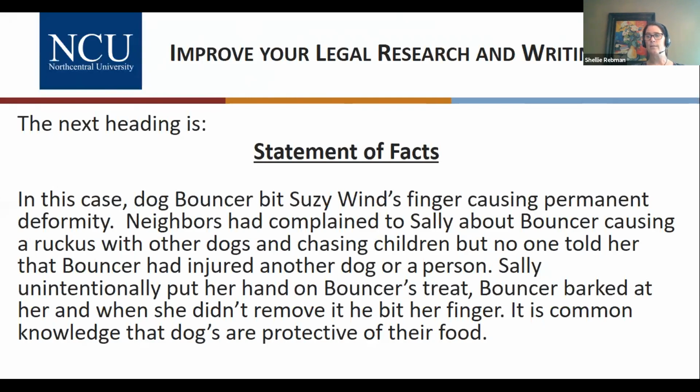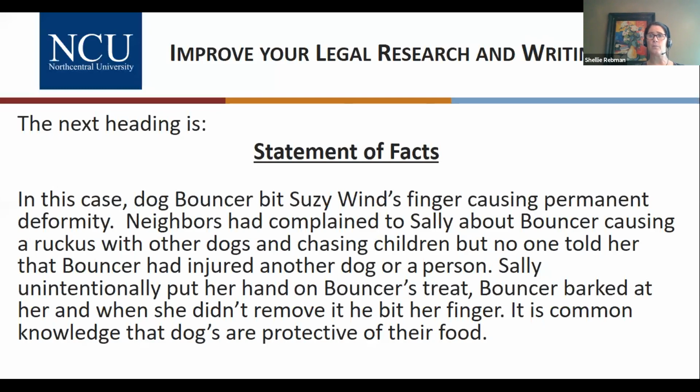So in this case, my statement of facts would include: Dog Bouncer bit Susie Wynn's finger, causing permanent deformity. Neighbors had complained to Sally about Bouncer causing a ruckus with other dogs and chasing children, but no one told her that Bouncer had injured another dog or a person.